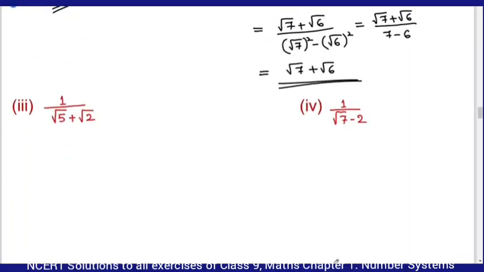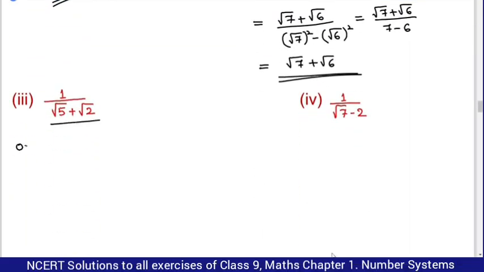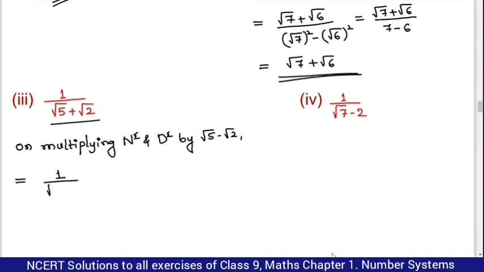Now third one, 1 divided by (√5 + √2). Here on multiplying numerator and denominator by (√5 − √2), this is equal to 1 divided by (√5 + √2) into (√5 − √2) divided by (√5 − √2).